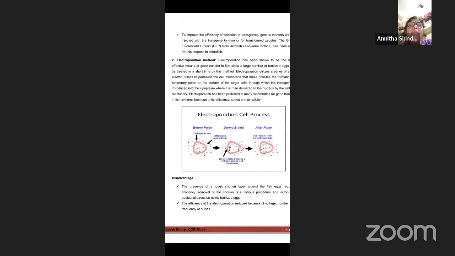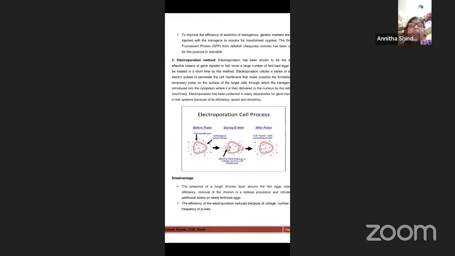So it is easy to transfer the gene into a large number of fertilized eggs within a short period of time. This is called electroporation.